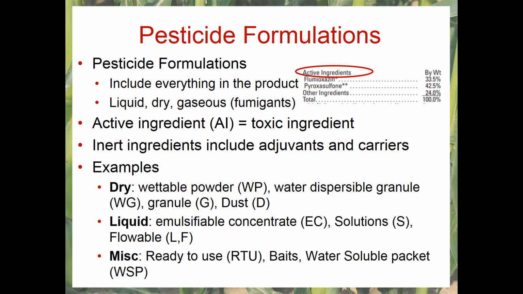Granular and dust formulations are dry formulations that are not mixed with water. They are applied with dry application equipment. Granular and dust formulations are both ready-to-use formulations, and this designation is abbreviated as RTU.